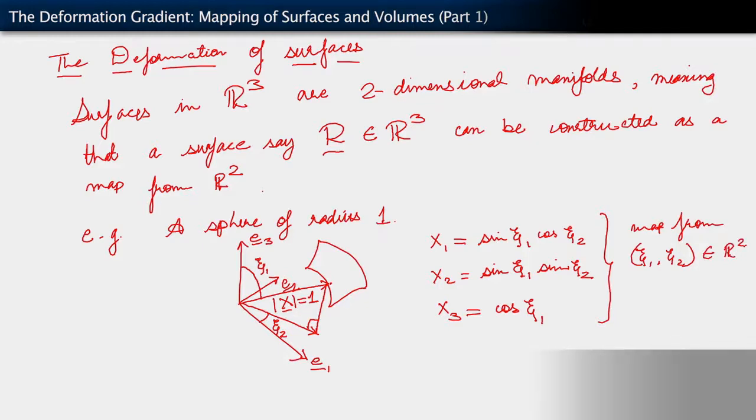And so in general, even if we wanted to describe some other surface, we can indeed construct it as a mapping from a 2-dimensional space. And it's in this sense that surfaces in 3D are said to be 2-dimensional manifolds. Okay? All right.